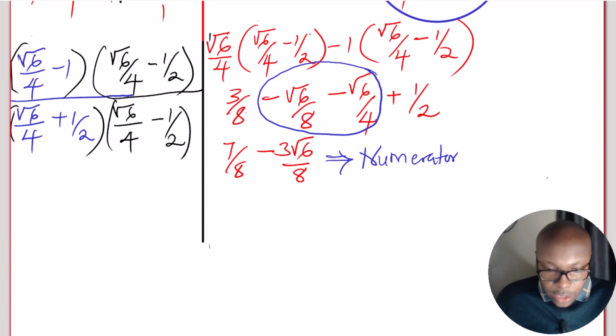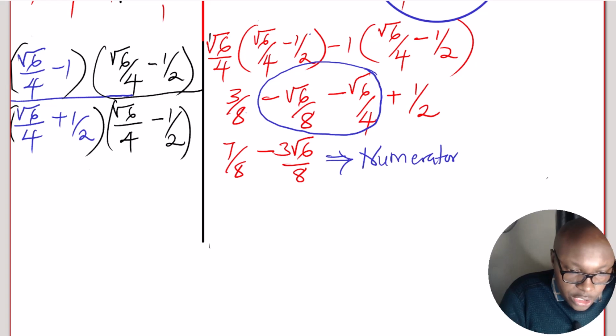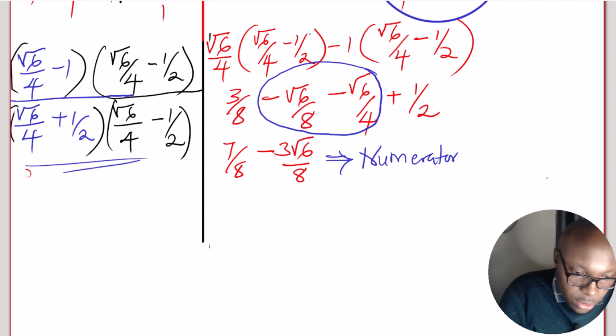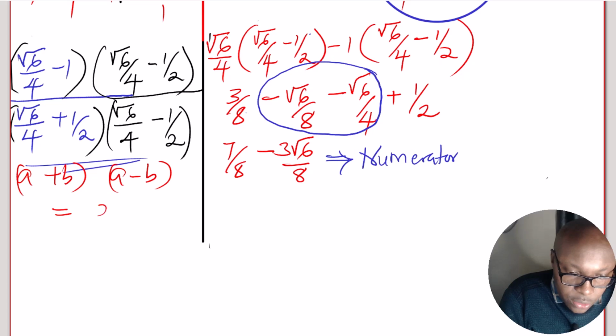Note that. Now we go to the denominator. Now for the denominator, which is here, just look at it. That one is very easy to deal with because that is difference of two squares. Recall a plus b multiplied by a minus b, when we factorize, we do have a squared minus b squared.